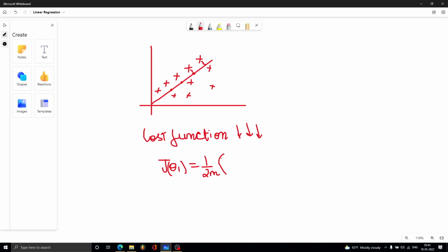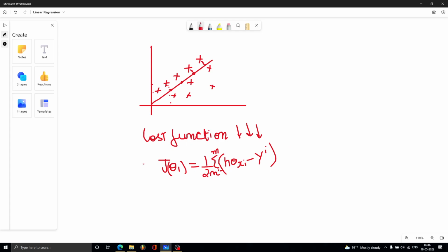What we are calculating here is the difference between the predicted point and the actual point. So it is 1 by 2m times h theta of xi minus yi, summed from i equals 1 till m, the total number of points.